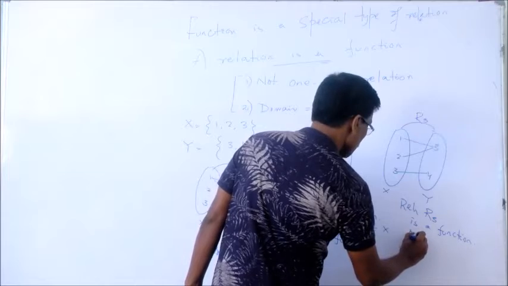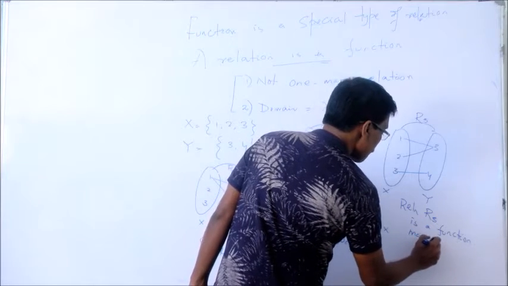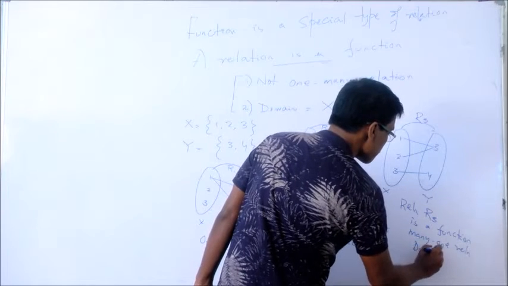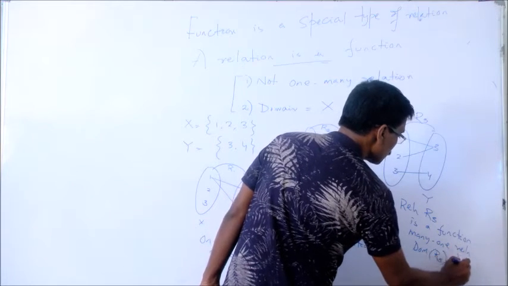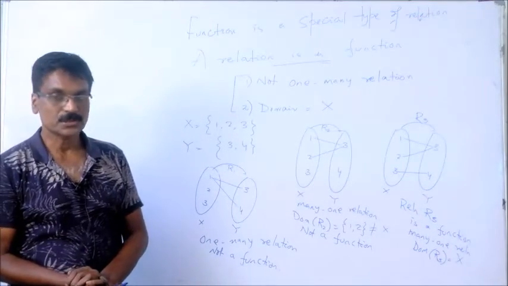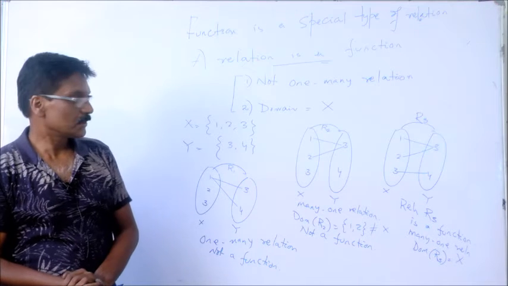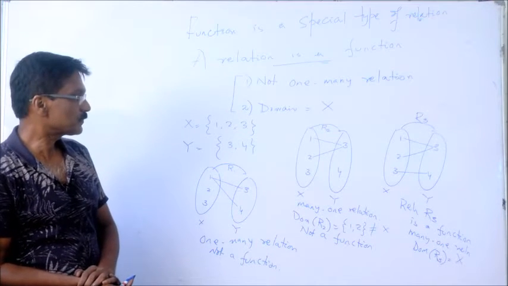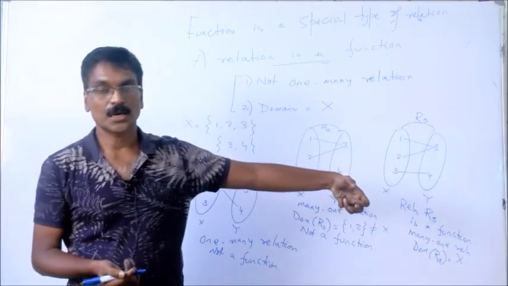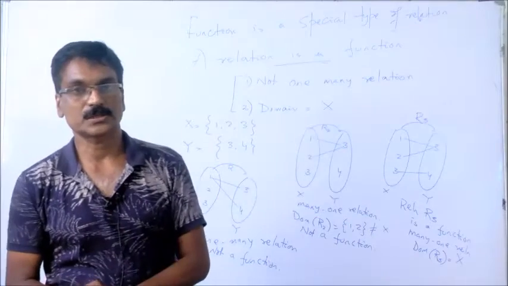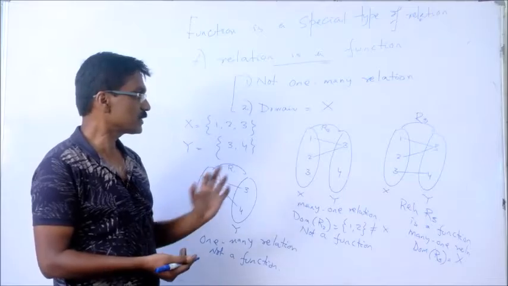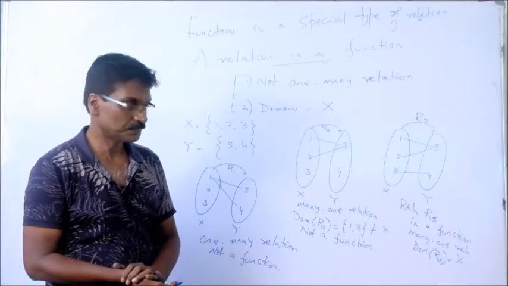It is a many-one relation and the domain of R3 is equal to the x set. So, relation R3 is a function. So, obviously, all functions are relations, but all relations are not functions.